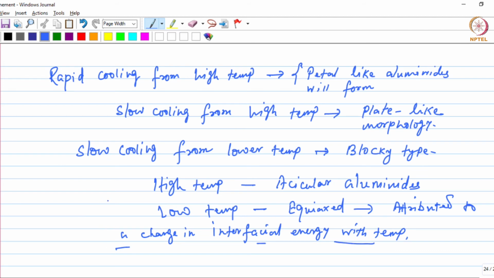We'll discuss a little more on this morphology as to what is the actual influence of this on the grain refinement efficiency. As we proceed, we are going to discuss that as well.